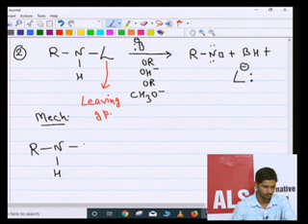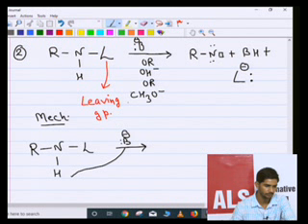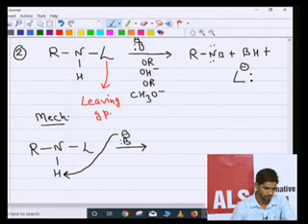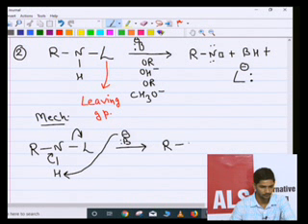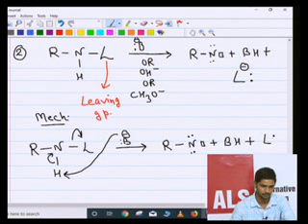Okay, this is L. So when you use a base, it will definitely attack the center where it can get a proton, and we know that there is only one proton over there, so it will be released from here. This bond will shift over there, and after that the leaving group will be released from here, and you will finally get this pattern. BH plus leaving group.